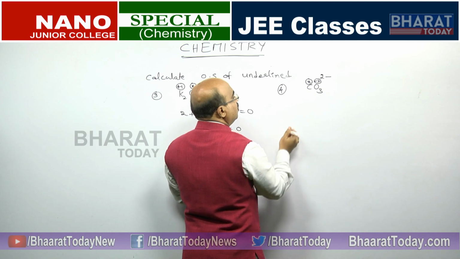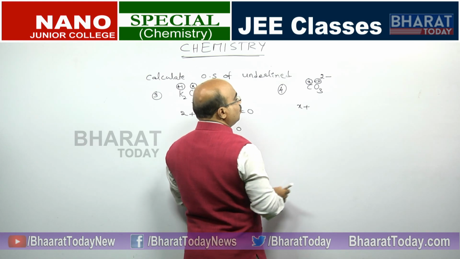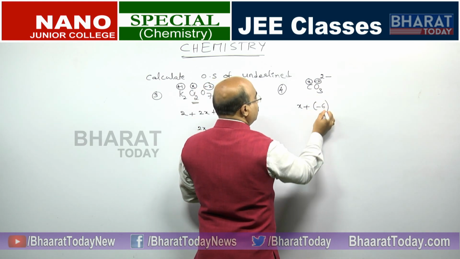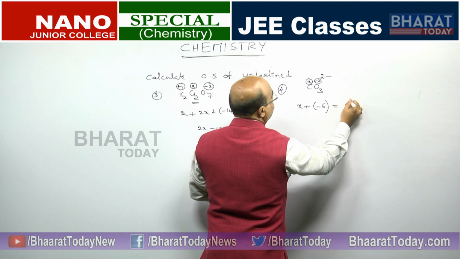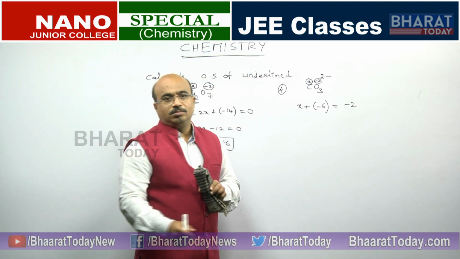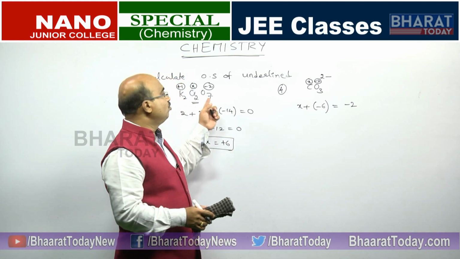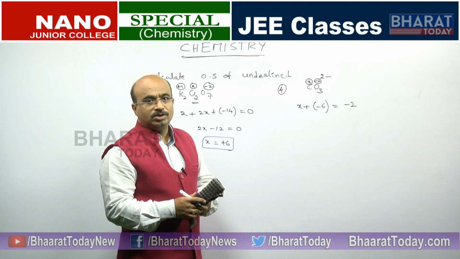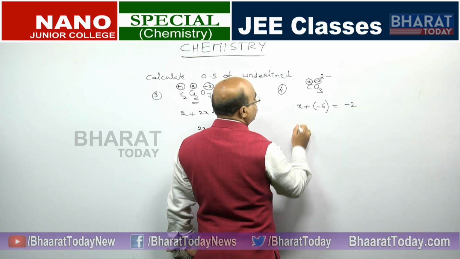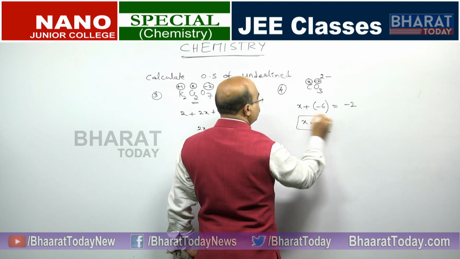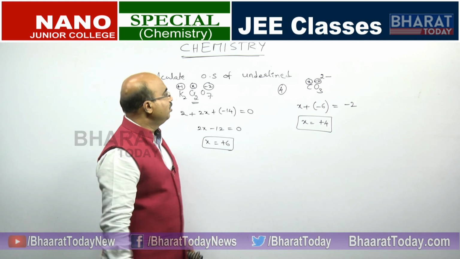There is only one carbon, so x plus 3 into minus 2, that is minus 6, must be equal to the charge, that is minus 2, because it is an ion and we are equating that charge. In the earlier cases the charge was 0, because they are neutral molecules. So x minus 6 is equal to minus 2, so x is equal to plus 4. Clear? This is how we will go ahead.